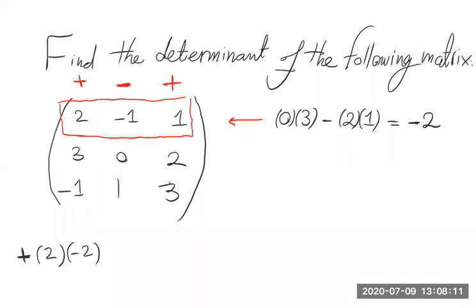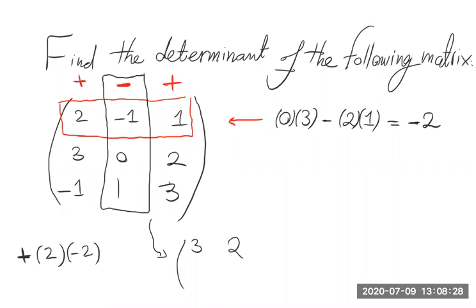Let's look at the second column. Look at the remaining matrix. If I remove this row and this column, what remains is 3, 2, minus 1, 3.